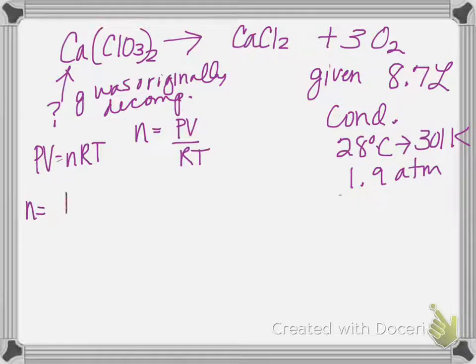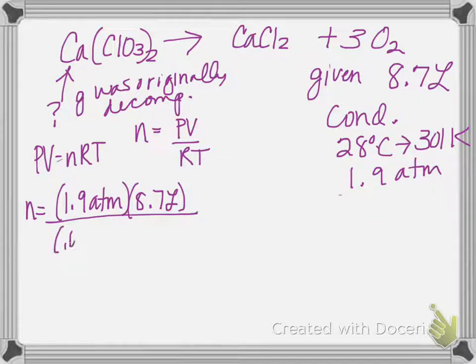So we have the pressure of 1.9 atmosphere. Our volume was 8.7. Divided by R, always the same. And then our temperature was 301 K. So who is going to calculate that?